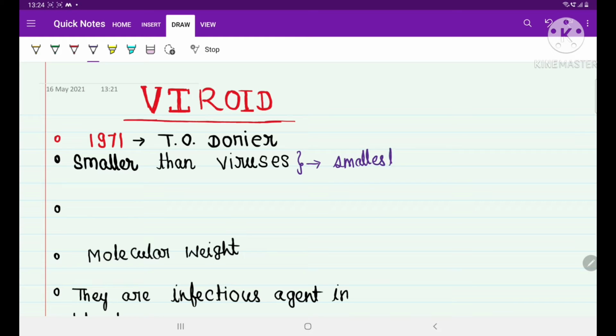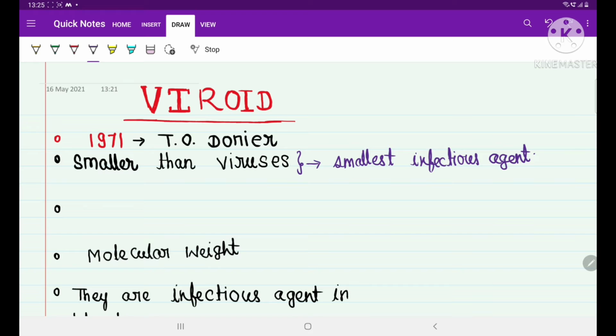So if viruses are small infectious agents and viroids are smaller than that, viroids will be considered the smallest infectious agent.